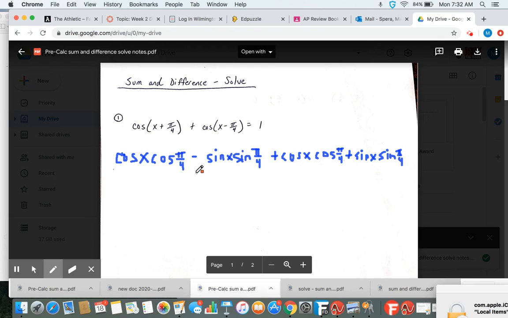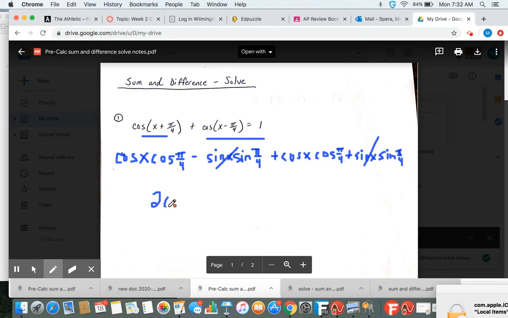But once you expand this term and this term, now you're going to look to group like terms. And there's going to be something that cancels because you're going to have a negative and a positive in this case. We had a negative sine x, sine pi over 4, and a plus sine x, sine pi over 4. So those would be 0, right? They would cancel each other out. Then we would have to combine these terms. We have 2 of the exact same thing.